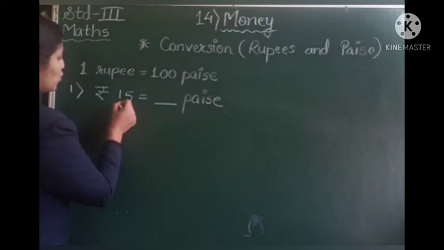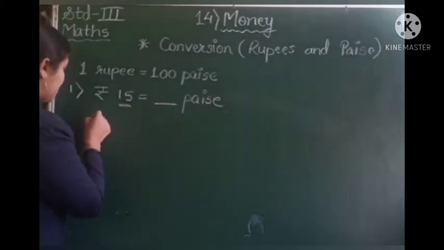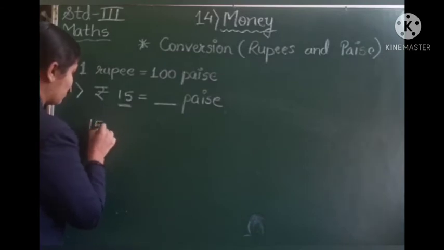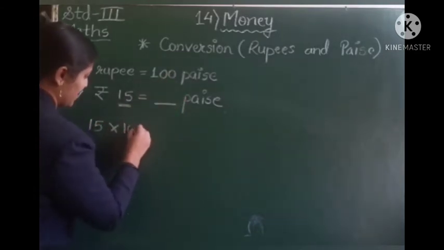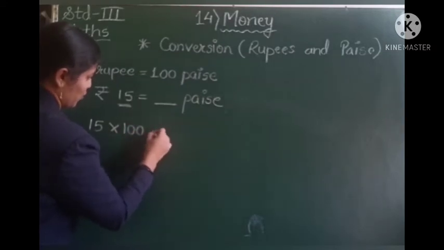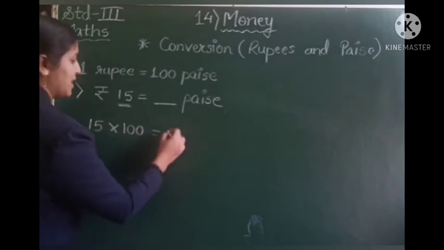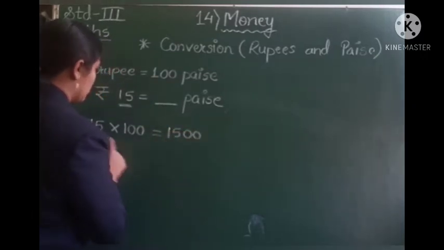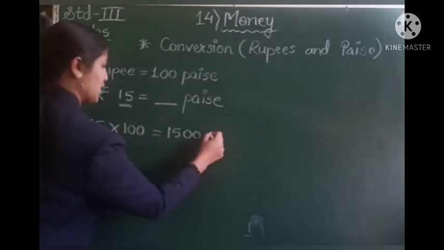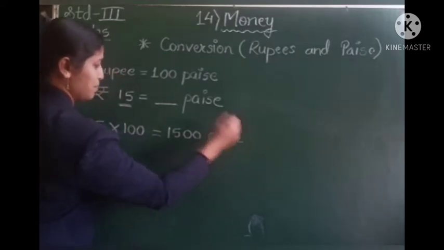So if I want to know how much is 15 rupees, then I will multiply these rupees 15 into 100 paise. When I multiply 15 into 100, the answer I get is 1500. So 15 rupees is equal to 1500 paise.